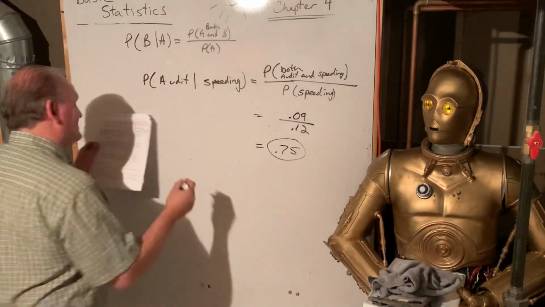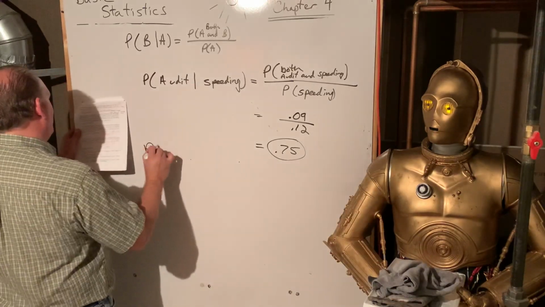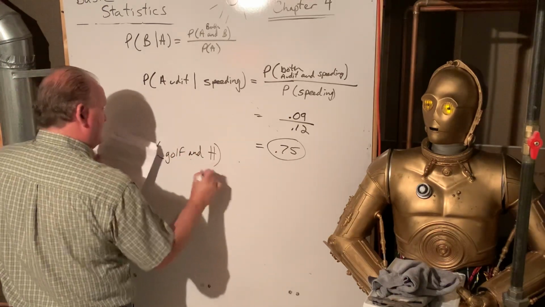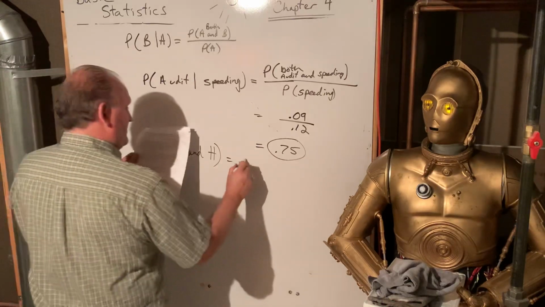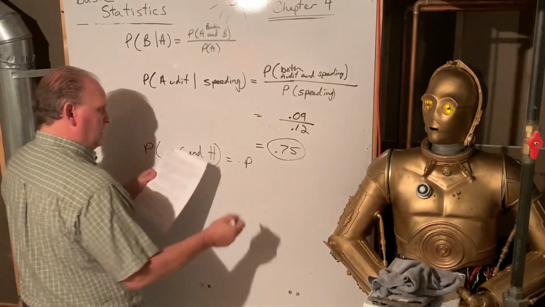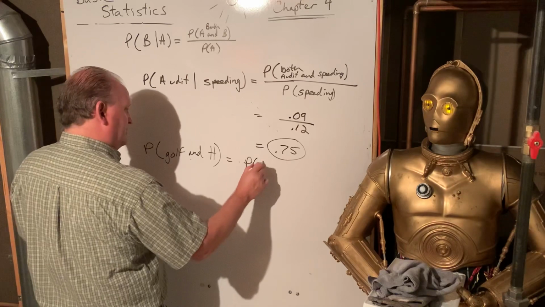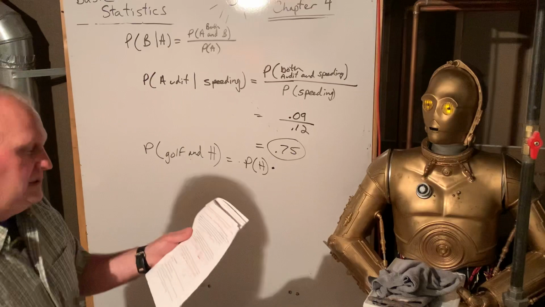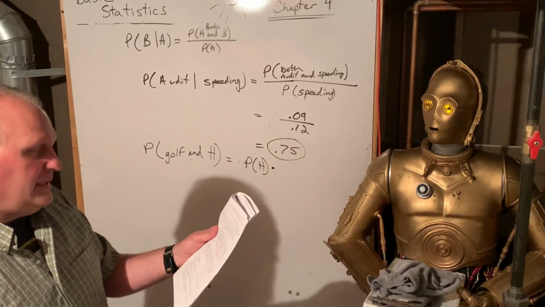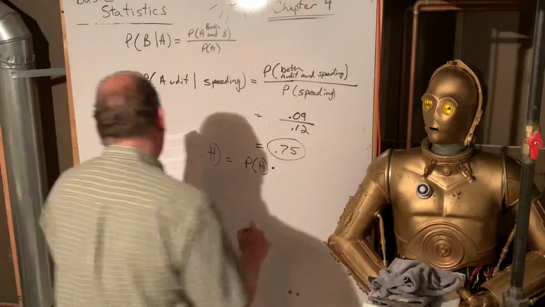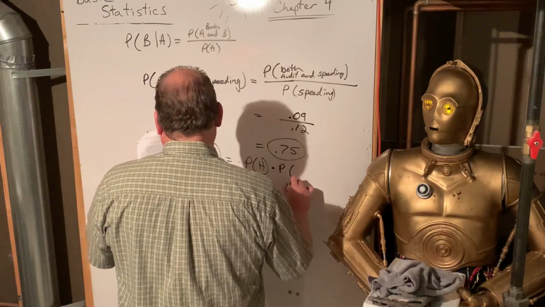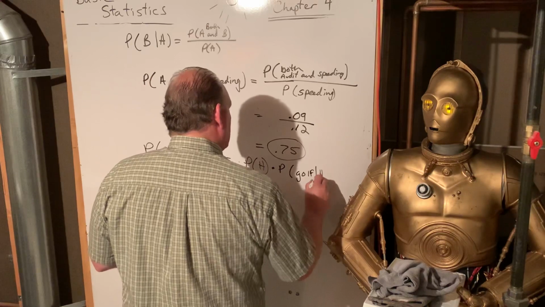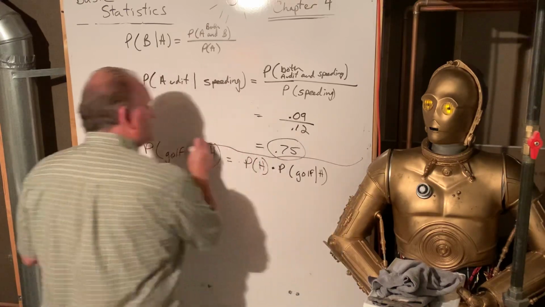All right, so this is almost the same setup. The probability of golf and Hawaii is going to be the probability of Hawaii times the probability of golf given Hawaii. So these are two different problems. I'm sorry, I said they were similar. They're not.